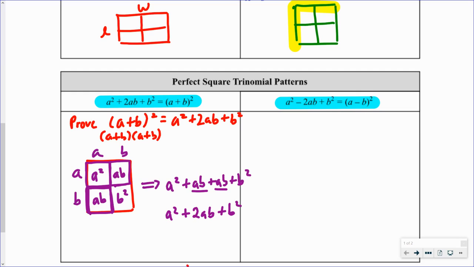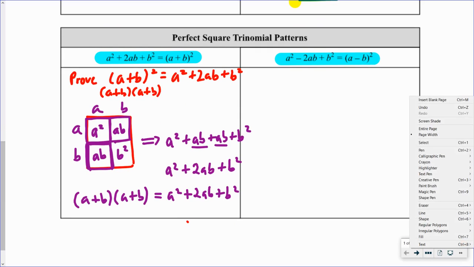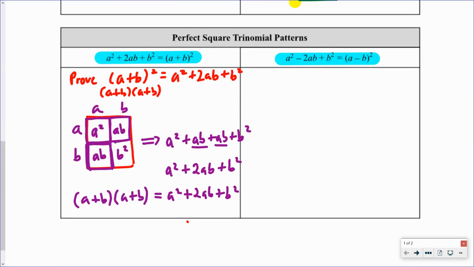So it looks like, in fact, (a + b) times (a + b) equals a squared plus 2ab plus b squared. And then if we simplify a little bit more, (a + b) times (a + b) can be rewritten as (a + b) all squared, and that equals a squared plus 2ab plus b squared.